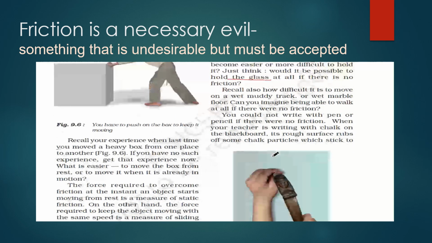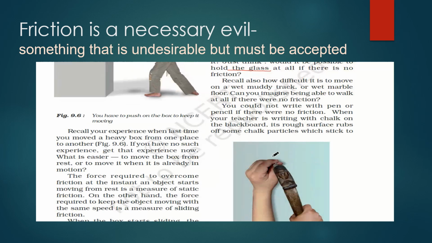Now think about walking on a wet muddy track or a wet marble floor. There is a tendency of falling down, right? Can you imagine being able to walk at all if there were no friction? No, we can't imagine. These are two surfaces with irregularities, so one force should overcome that to move other objects.